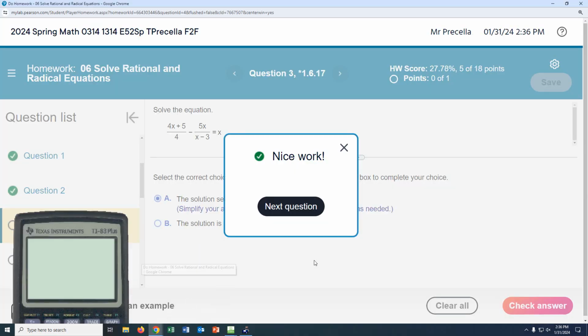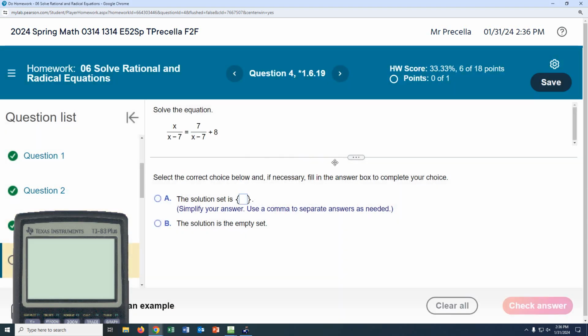Looking at number 4. Y'all had to guess what the least common denominator is going to be here. What would you guess? If you have the same denominator. Keep in mind you want those denominators to cross cancel. What would cancel with the x minus 7? No. X minus 7. It's an easy answer, and it seems hard.